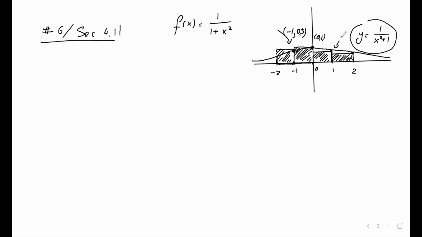So this point is 0 comma 1. Then from 0 to 1, I plug in 1 in the formula and I get 1 over 2 again. So this is the point 1 comma 0.5, and that's the height of the third rectangle. For the last rectangle, we use the right endpoints, folks.